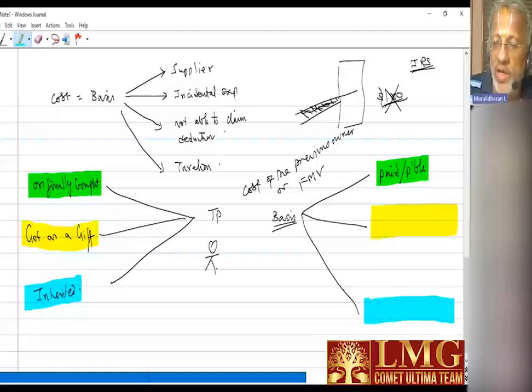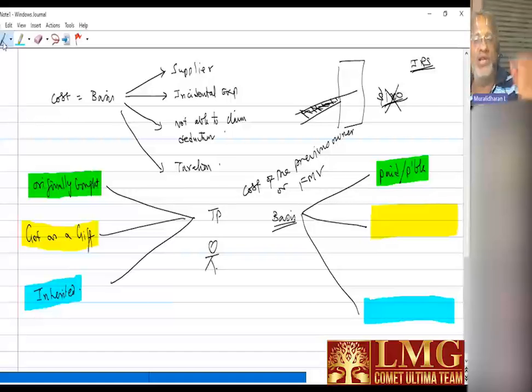Are you understanding what I'm telling? So I will put it this way. Got as a gift means cost of the previous owner or fair market value. Inherited would mean similarly cost of the previous owner or fair market value. So what is there for a gift as a basis will not be the basis for inherited.